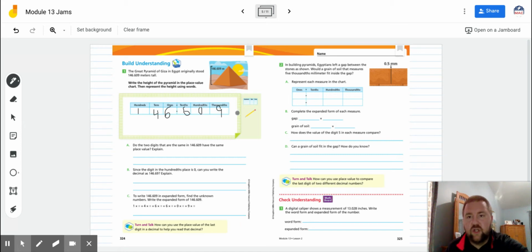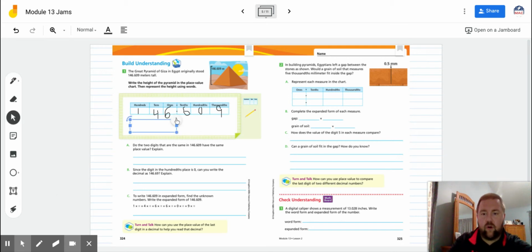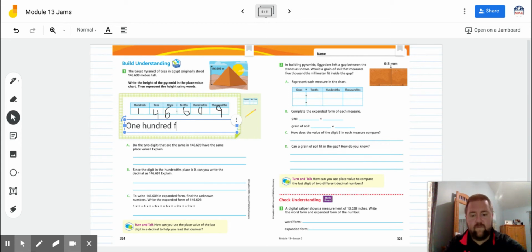When they're asking us to write it in words here, like I said before, guys, we're going to write the entire whole number. So we have 146. Then we have our decimal, so we write "and."